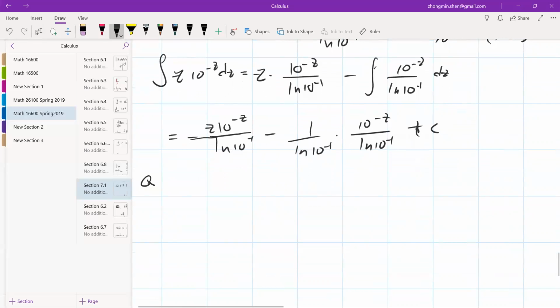I remember a student on a test with 4 problems tried to use integration by parts for all of them, but that does not work. Sometimes you have to modify the integral first before you apply integration by parts. So take a look at this.